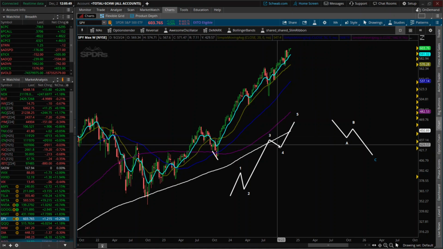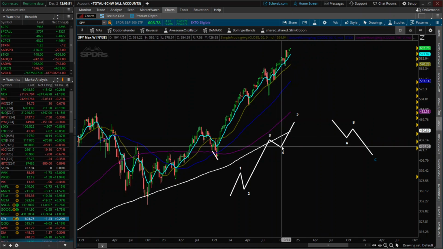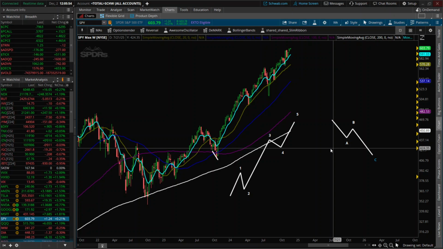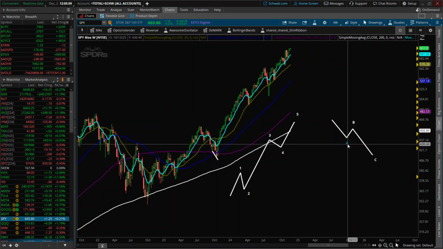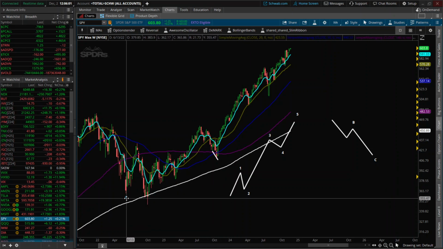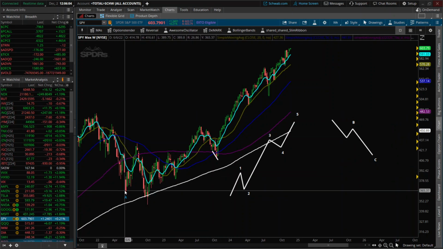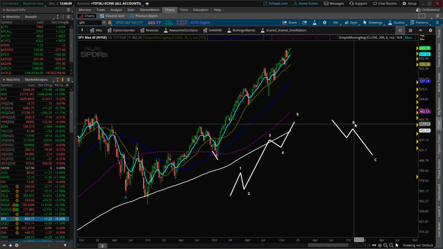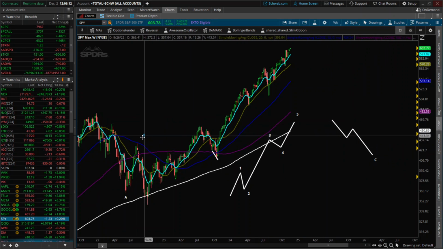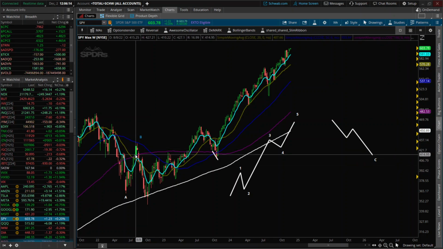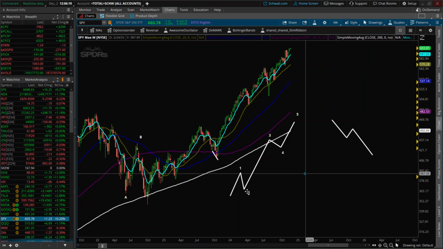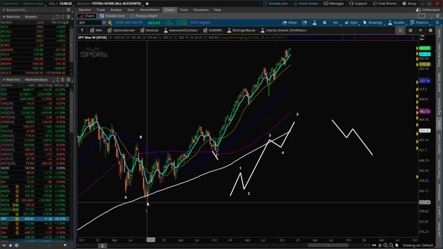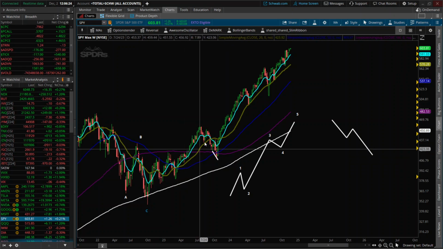I try to keep it simple and say, hey, for example, look at this over here. This looks like a 3-wave move into an A, 3-wave move up for a B, and then an impulse wave, 1, 2, 3, 4, and 5 for a C. So it's very corrective here. And then the major trend resumes.